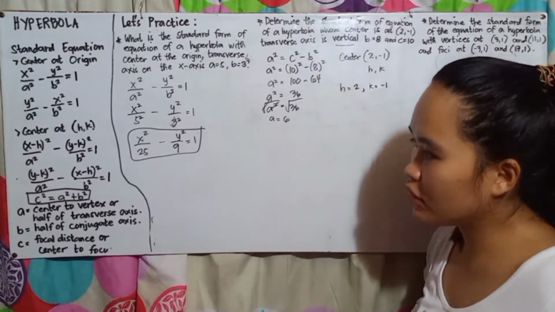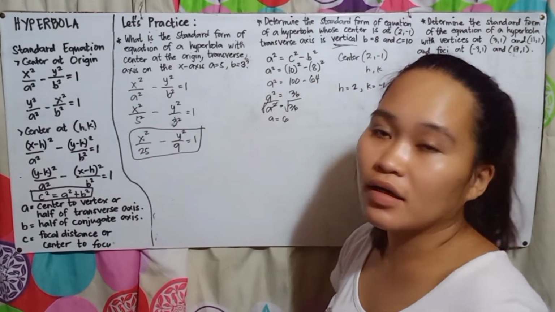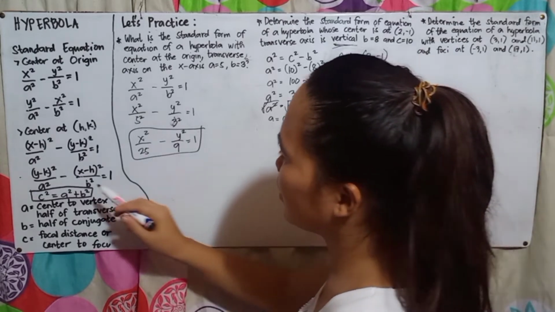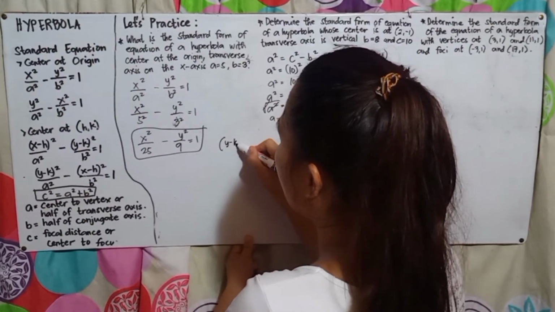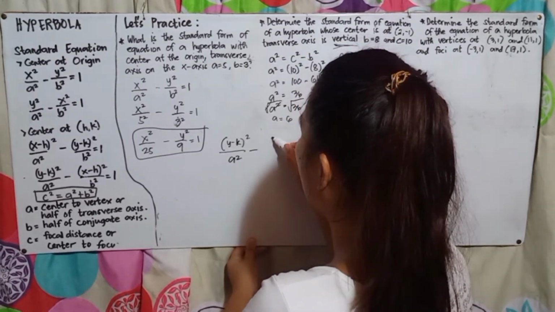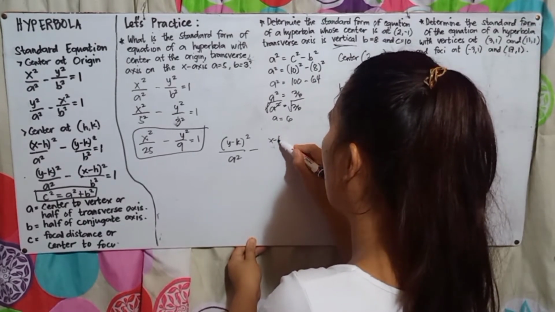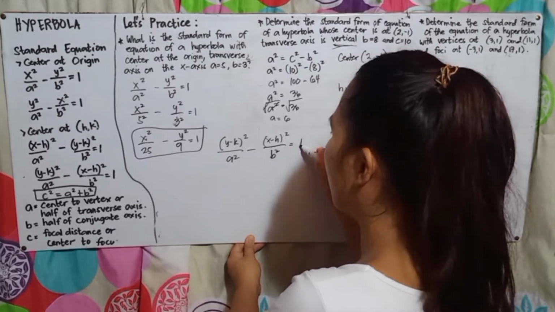So, substitute. Since vertical, ang transverse axis pa vertical, so therefore nasa y-axis. So, kani atong gamiton. Y minus k squared over a squared minus x minus h squared over b squared equals 1.